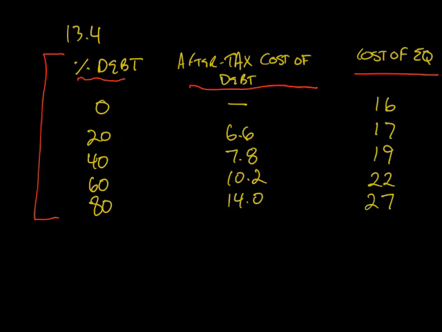The hint in the textbook says, calculate the cost of capital for each structure. So you're going to go through each one of these and calculate the corporate cost of capital, or the WACC, the weighted average cost of capital that we referred to in the lecture. Make sure you've definitely watched that lecture.